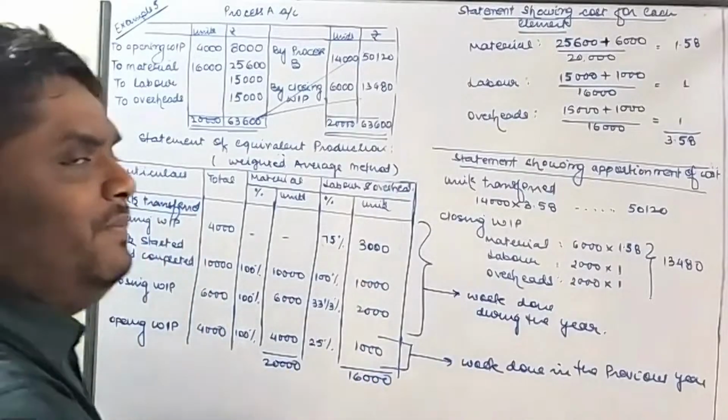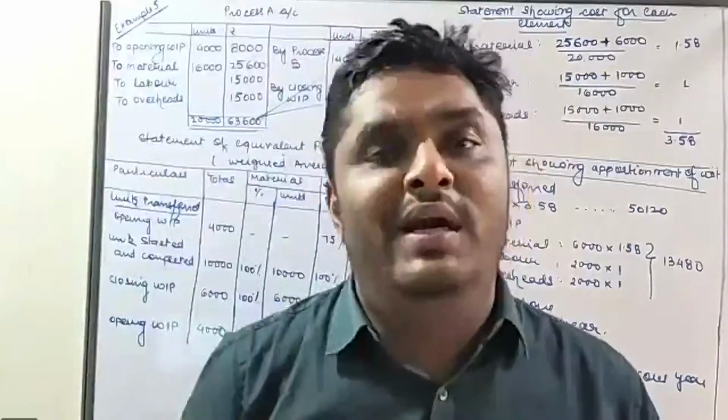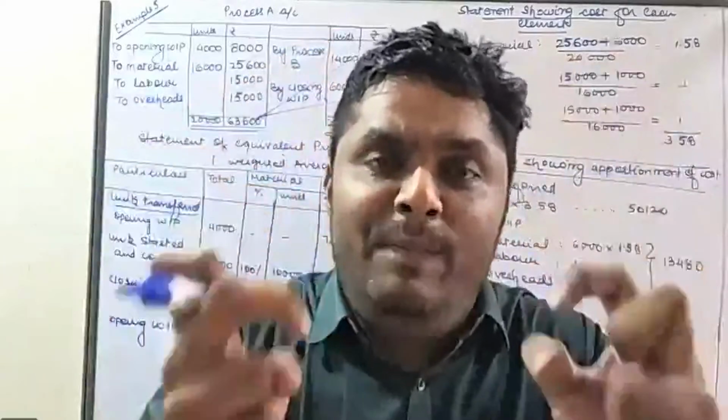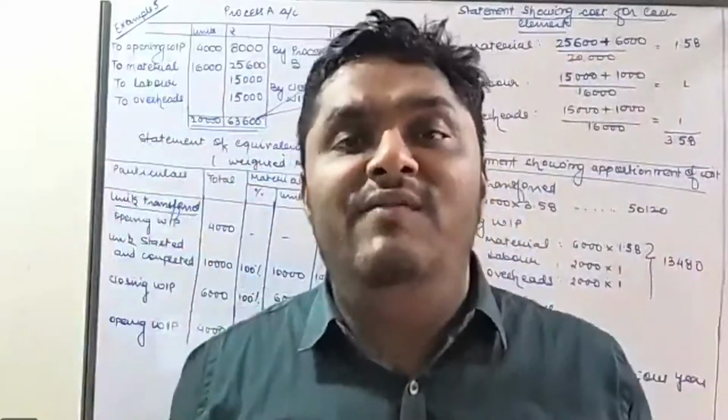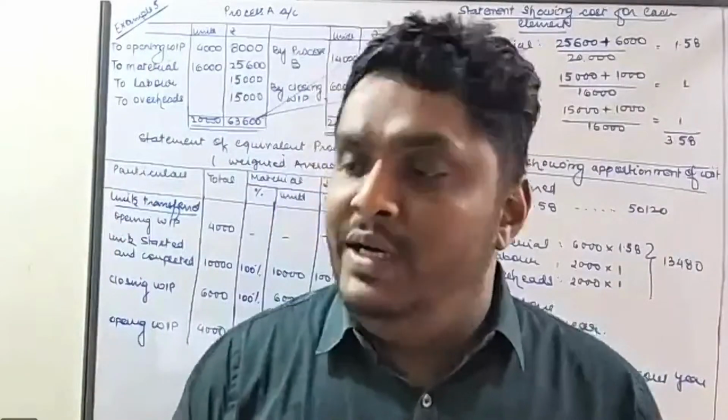So now this statement is converted from FIFO to weighted average. So in FIFO, if you simply add the work that is done in the previous year, it will be converted into weighted average.